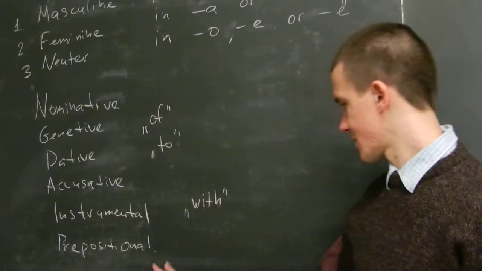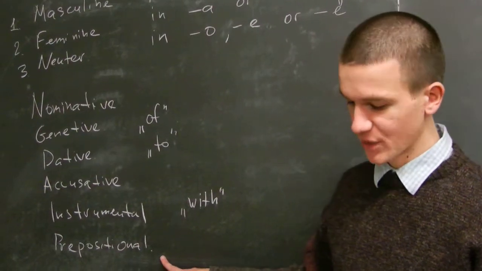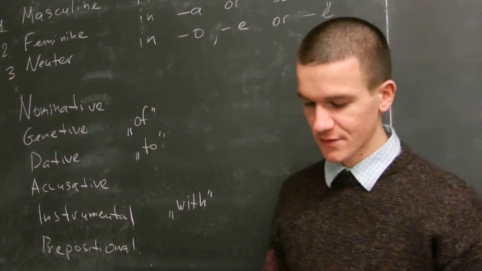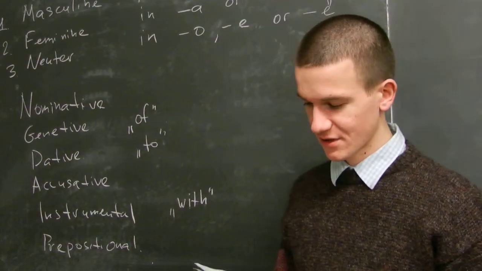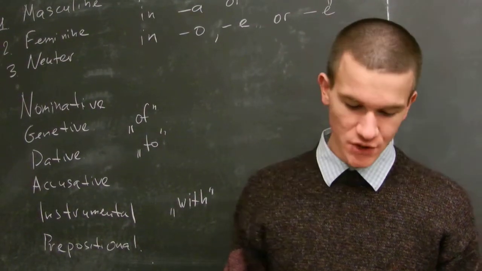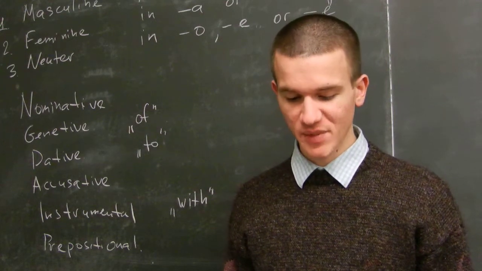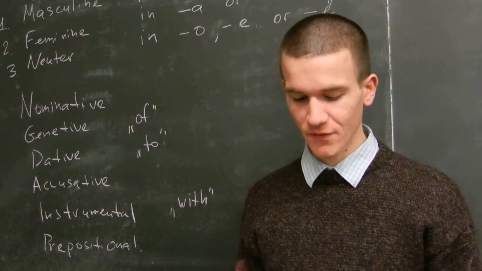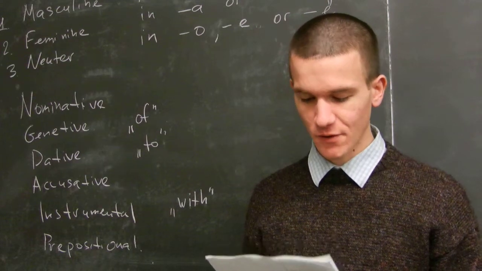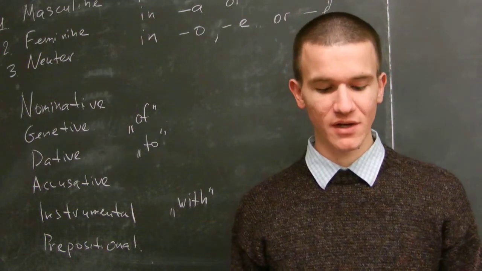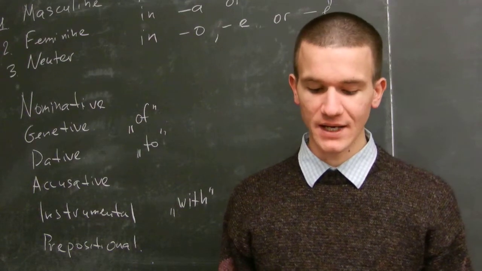Okay, and the last one is prepositional. Prepositional case is a set of word forms which usually mark the location of the action. The prepositional case word forms are used in Russian only together with prepositions about, in, and at.